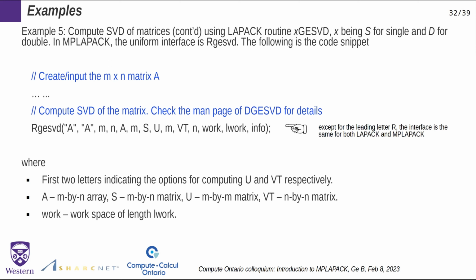I will also use as high precision as we can. Here, using MPLAPACK, we're using the routine with prefix R, RGESVD. We're passing those arguments, and then we compute the singular values: we pass in A, and then we get the matrices S, U, VT out.